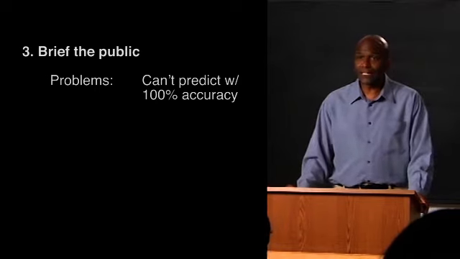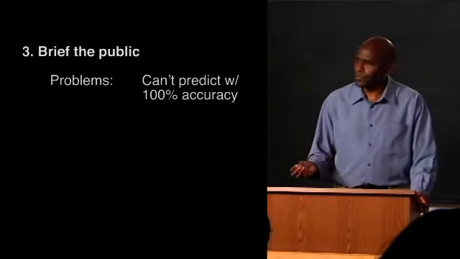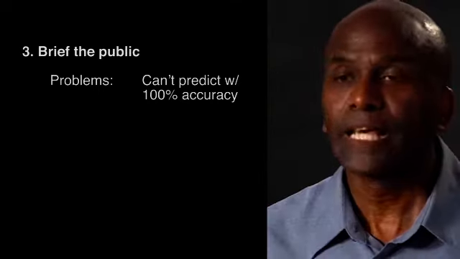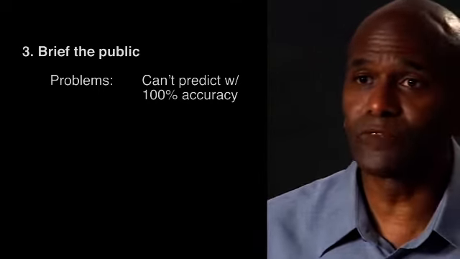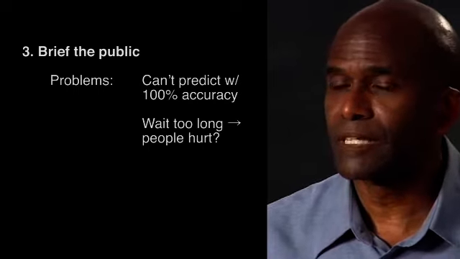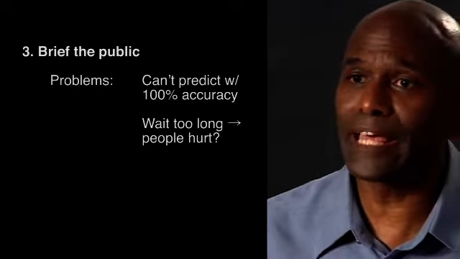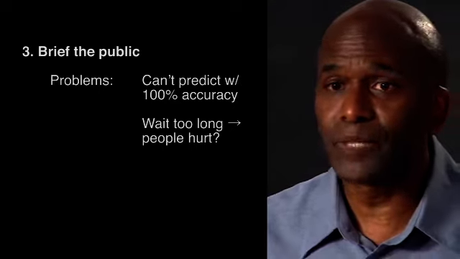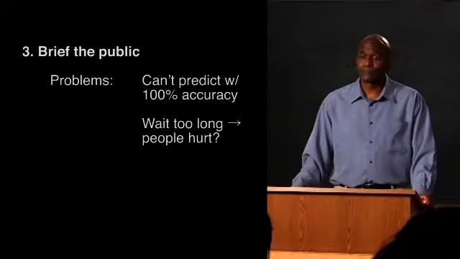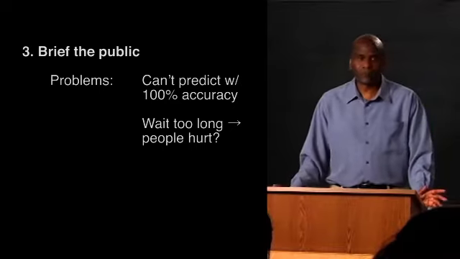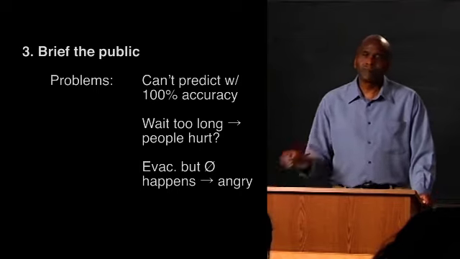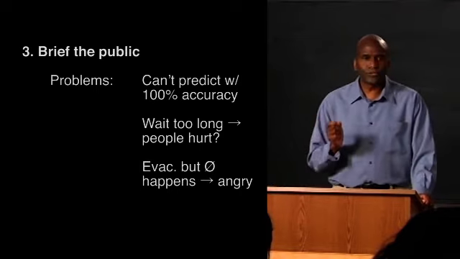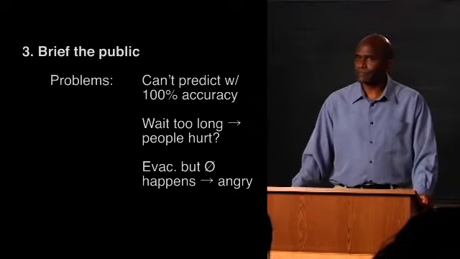They can wait and say nothing, or they can tell people to evacuate. If they wait too long, lots of people might get hurt. But if they tell people to evacuate and then nothing happens, people may get angry. In the future, they may not cooperate. Communicating with the public is a huge challenge for officials.